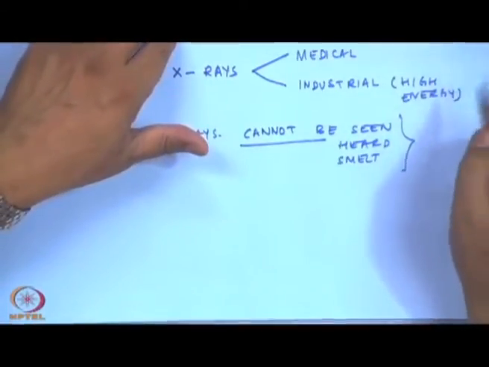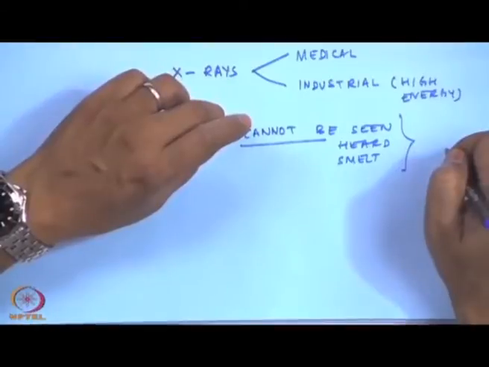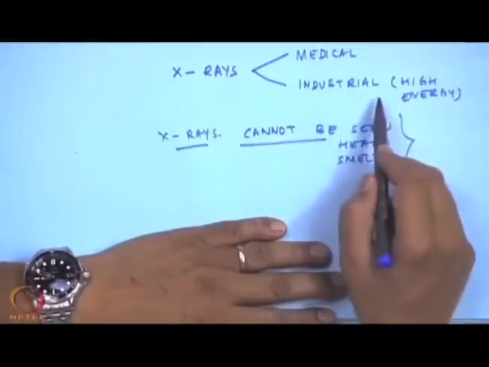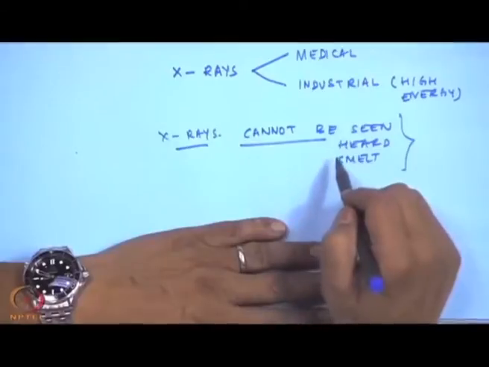So, this is the important parameter which we have to keep in mind while handling X-rays. Okay, we would not know whether an X-ray has been generated standing in front of the equipment. So, we have to be very careful. Okay. Now, because the industrial X-rays are of high energy, we have to be careful.